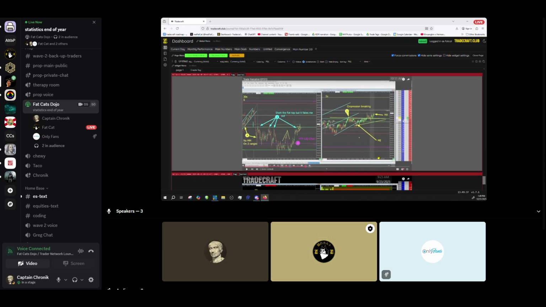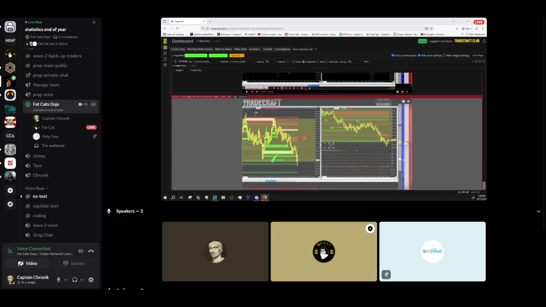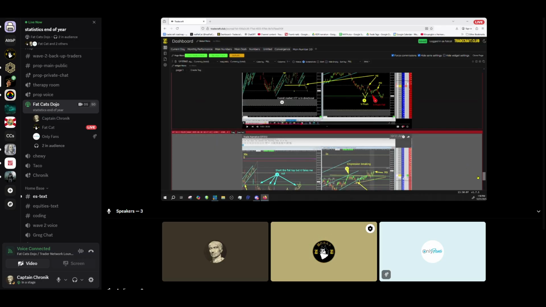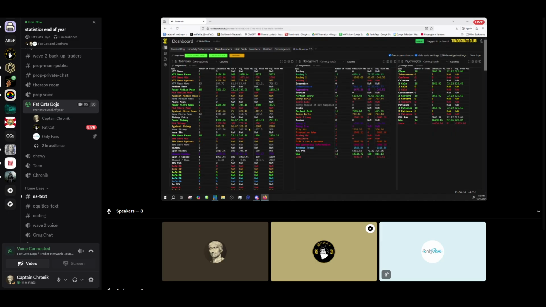Compression breaking. That was a short against the reclaim. Long. I just overheld it. I just overheld that. Didn't work. Okay.